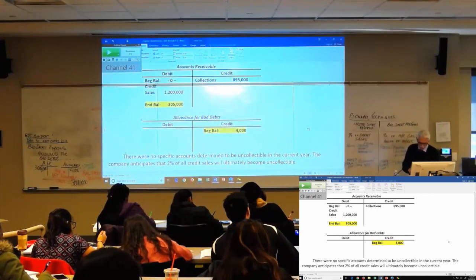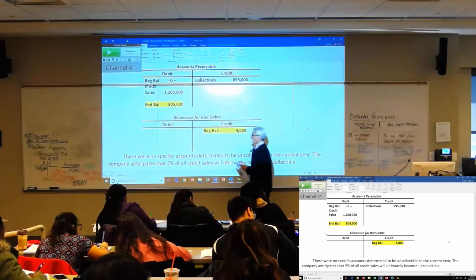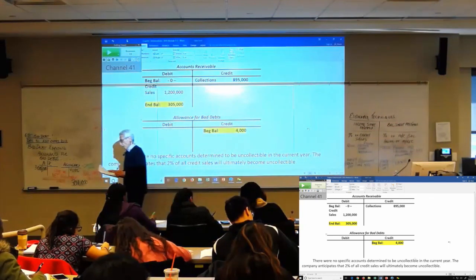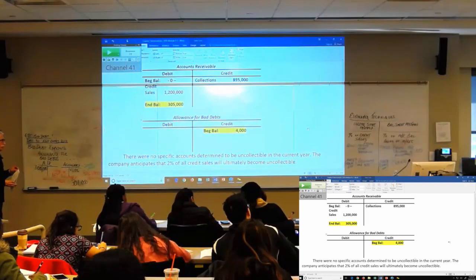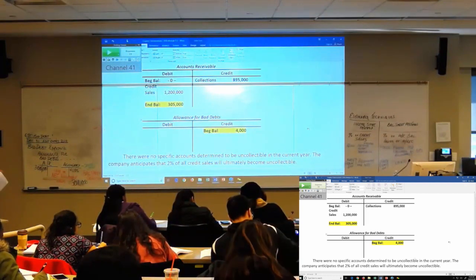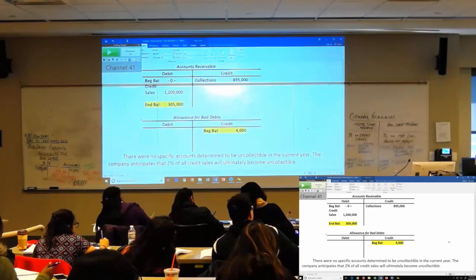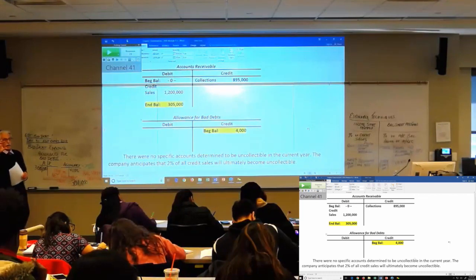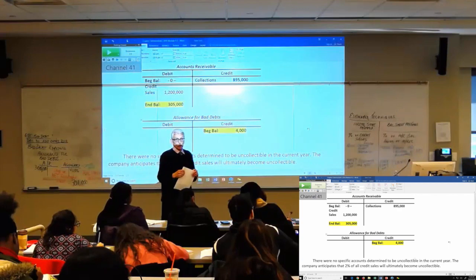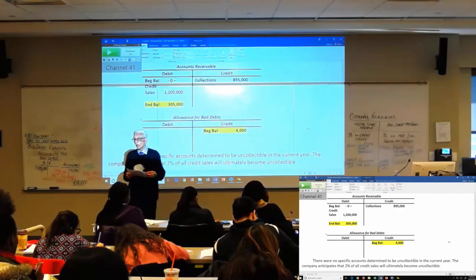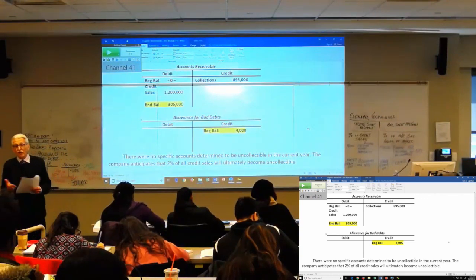So percentage of credit sales has an income statement focus. Bad debt focus is the expense. Percentage of receivables, aging, focuses on the allowance for bad debt. Right, that's what you want. The allowance to be at a certain level. You want the net realizable value to be at a certain level. And that is going to be the emphasis. What gets traded off is the expense.